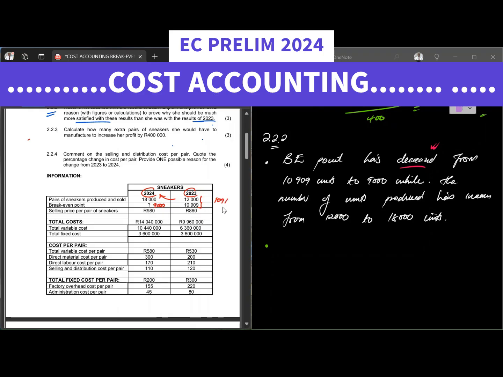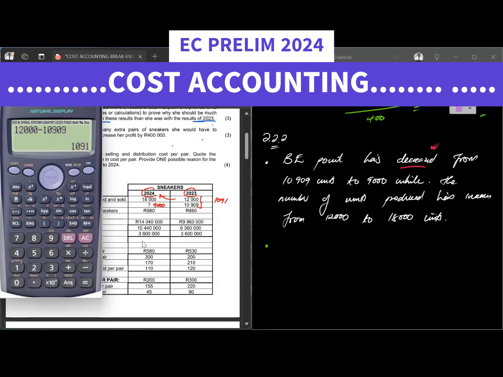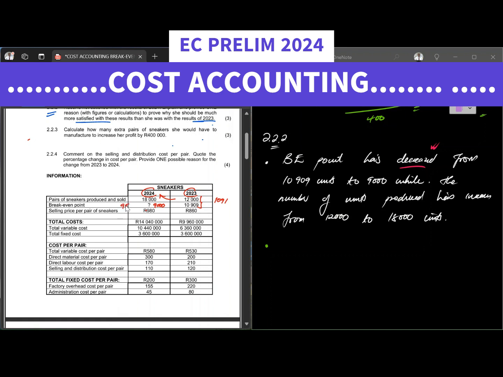So in 2023, we had a profit of 1,091 units, but in 2024, you would say 18,000, that is the production, minus the 9,000, which is the break-even point. So we had 9,000 units on profit.